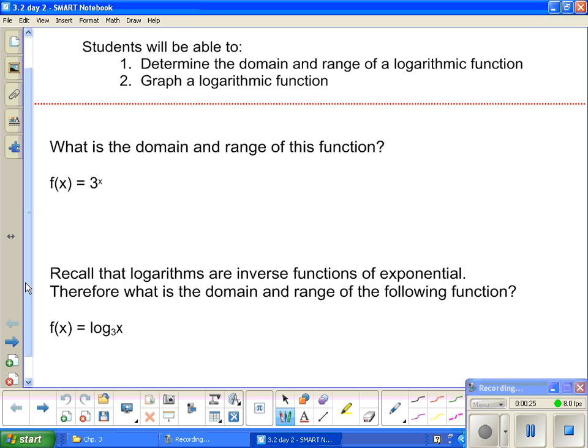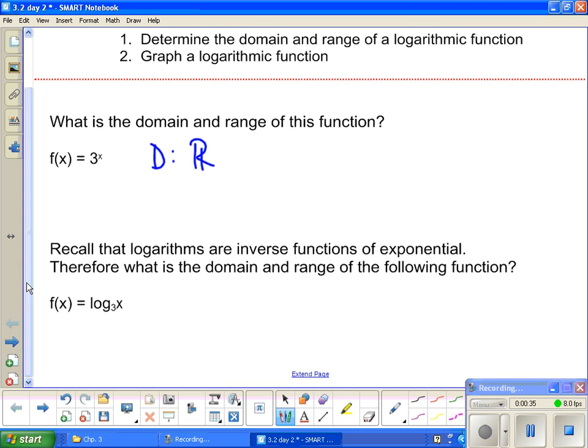exchange places. So if I'm looking at the domain of my exponential function, that would be all real numbers. Well, if they're inverse functions, then the range of a log would have to be all real numbers.